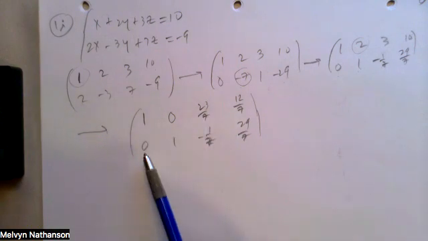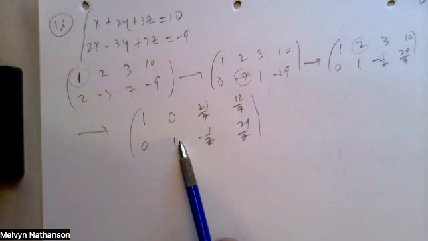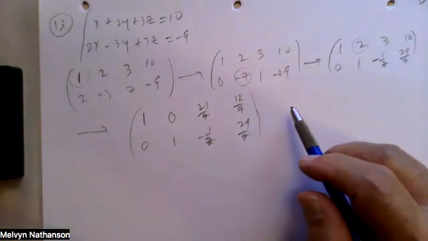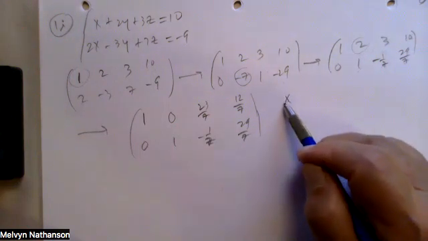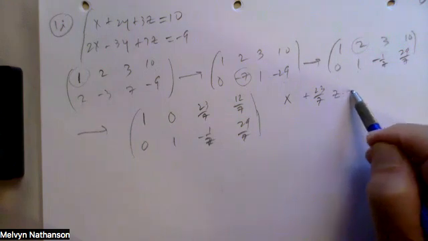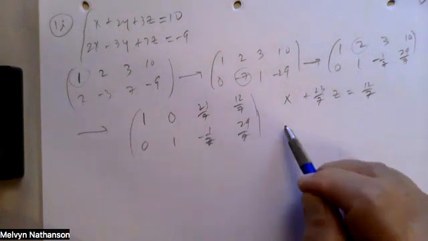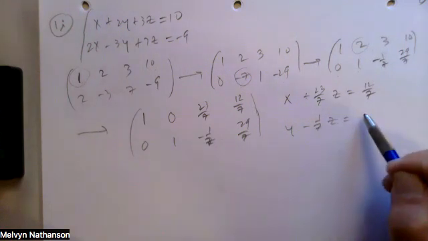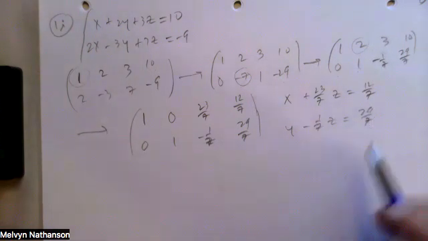This entry is a 1, each non-zero row has a leading 1, and everything above and below the ones is a 0. This corresponds to the system of equations x plus 23 over 7 z equals 12 over 7, y minus 1 over 7 z equals 29 over 7.